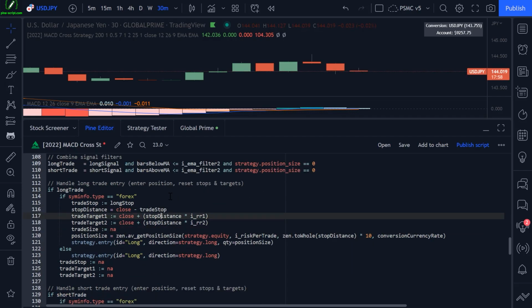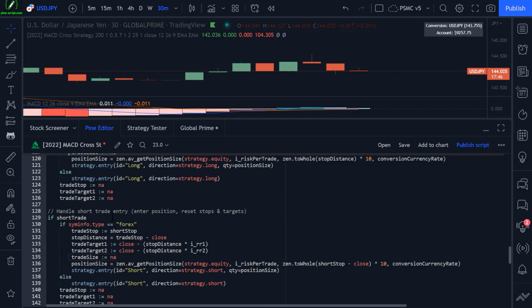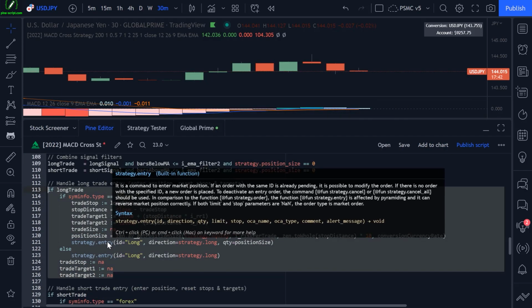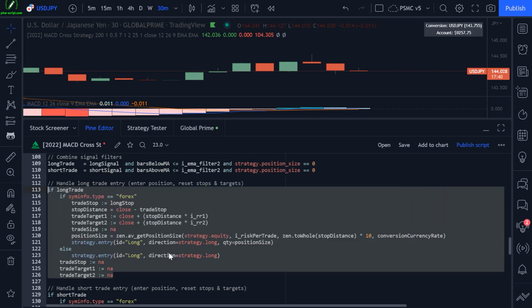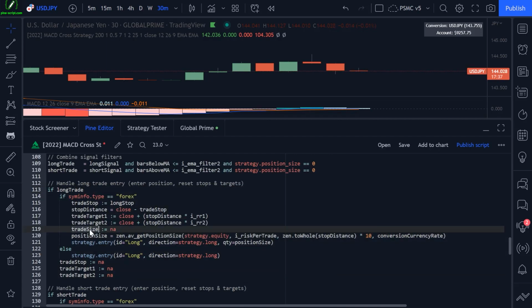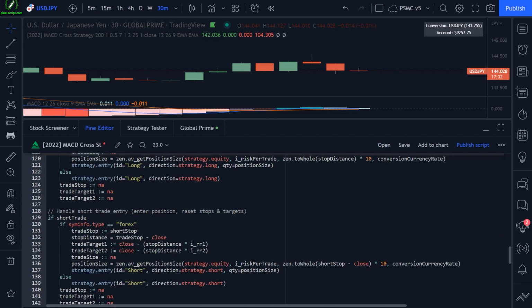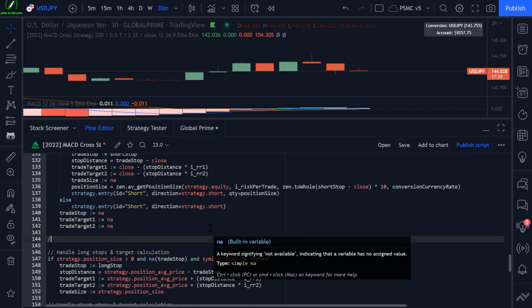Now the problem we're going to have is our trade size is not known until the next bar after our setup candle. So remember, all of this code here is executed on the setup candle, and on the next bar, our position is actually opened. So trade size is not known until that next bar. So what I need to do now is add one more handle Forex trade size tracking variable.